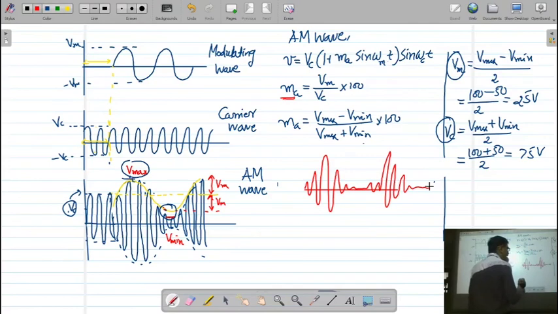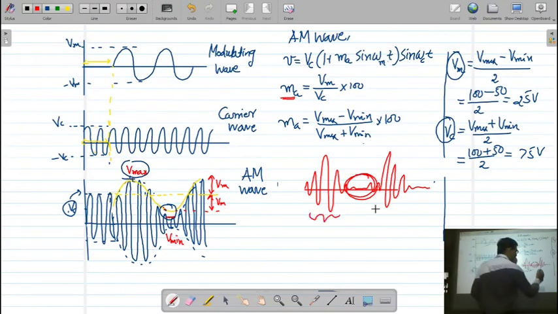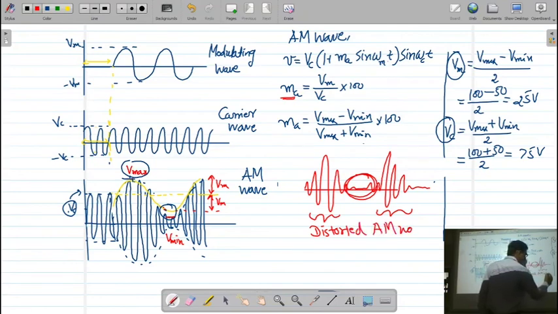So here in this waveform, you can see that in this part of the waveform, there is no information. Here, whatever the pulse waveforms are there, it is in the form of pulses. And you can say this is a distorted amplitude modulated wave.